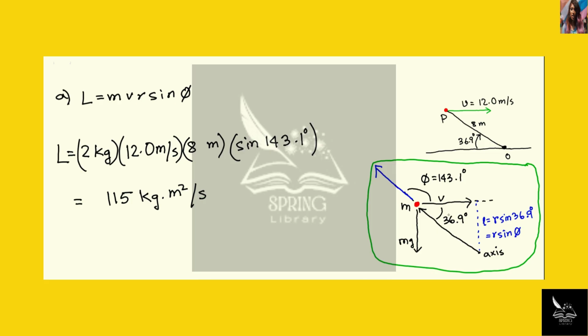So we need that here, because again m times v times r sine phi, where phi is 143.1 degrees. If we put all the numbers here, we see that L is 115 kg meter squared per second.